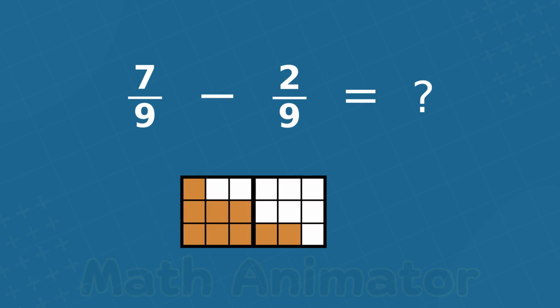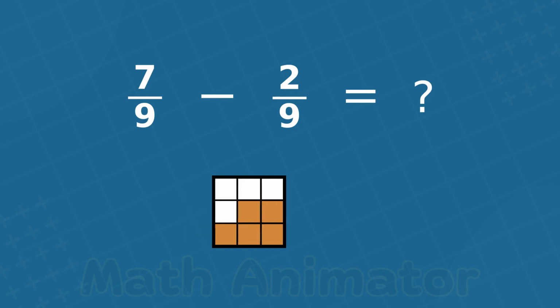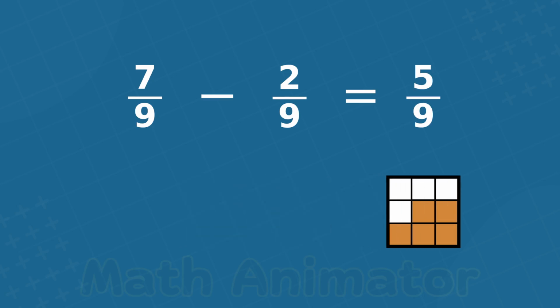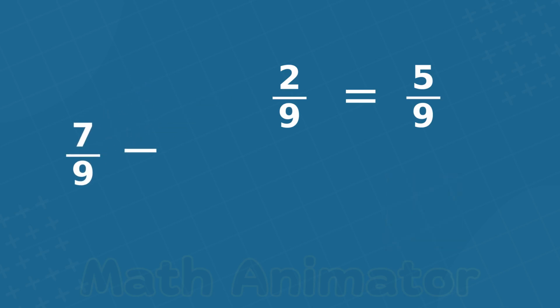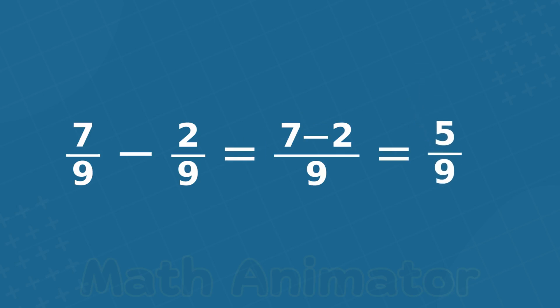By clearing some of the shaded parts from the first square, we can see that the difference is equal to 5/9. So, if we want to find the difference of fractions with the same denominator, we can subtract the second numerator from the first.